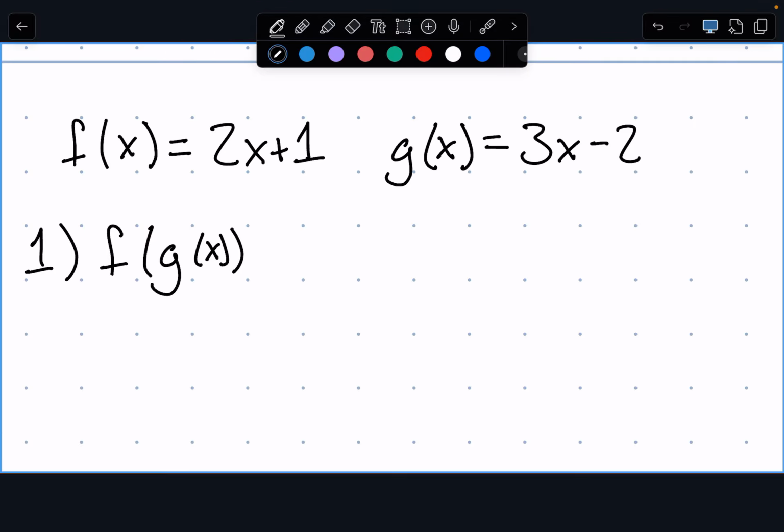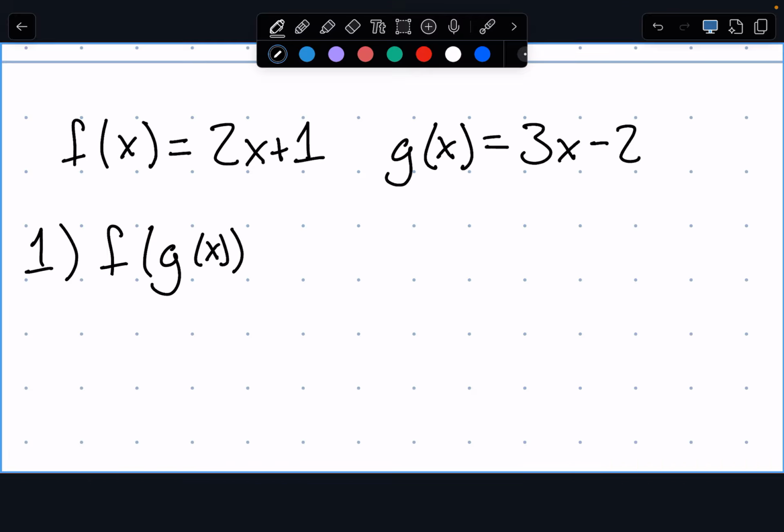This one, number 2 and number 3, might be a little confusing because there's no number in place of x. So this is just asking us to find the function when we plug g of x in for the x of f of x. That sounded way more complicated than it is, I swear.